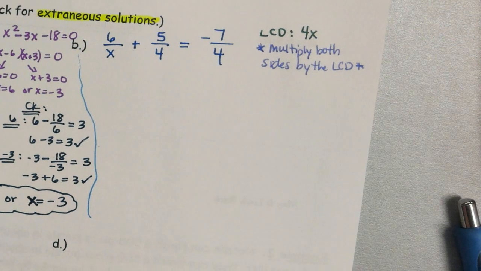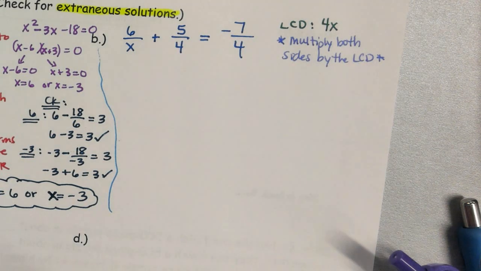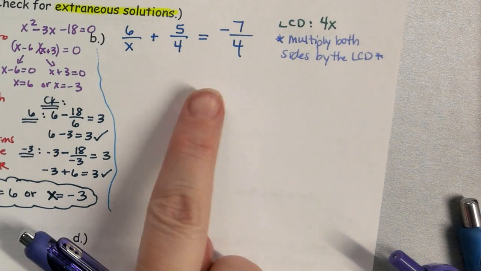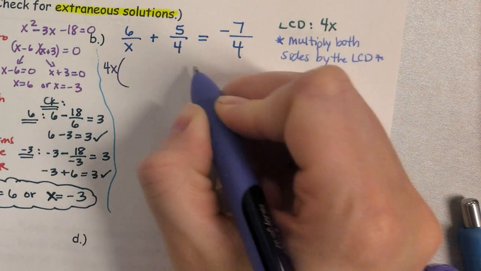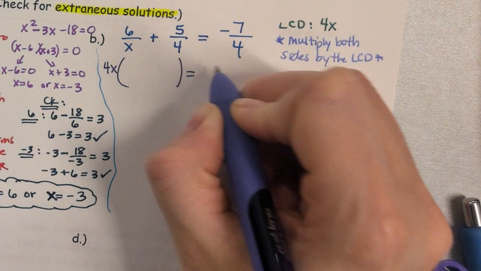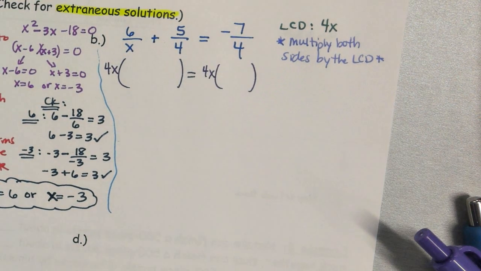And then what happens is there's a lot of cancellations that occur. And of course, the first time you do it, it's going to feel a little bit different, but once you practice it, the cancellations are going to be pretty quick. So if you multiply both sides by the LCD, you're going to multiply this side by 4x, and you're going to multiply this side by 4x.